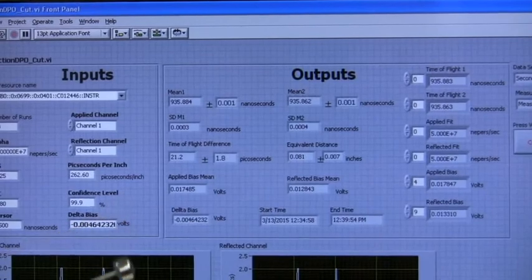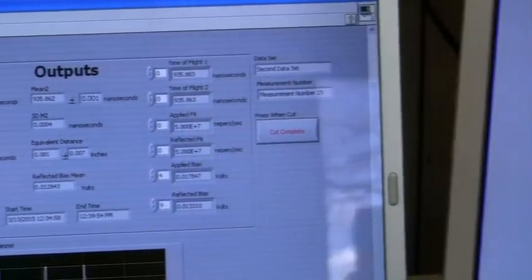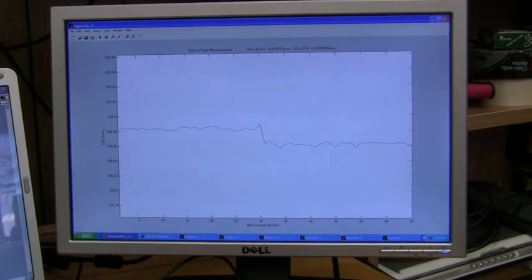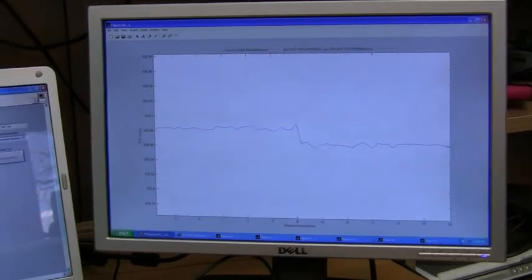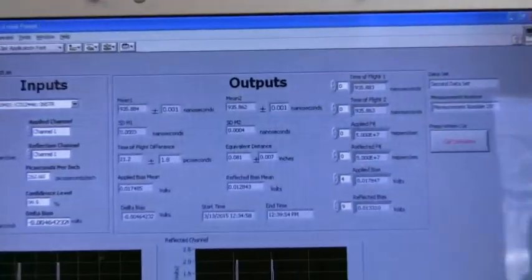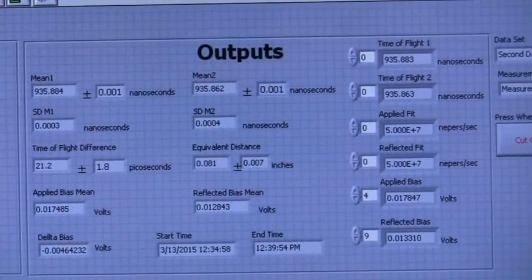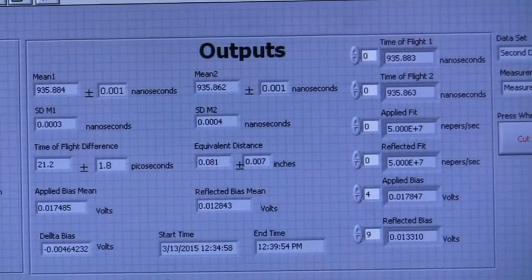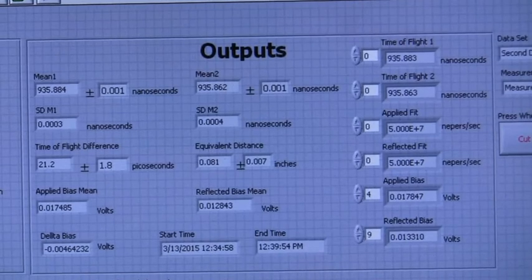Now, the next thing is the measurement we saw earlier. The caliper was 0.072. The TDR says 0.081. So we consider the difference between the two as an error, and the difference is 0.009 inches.